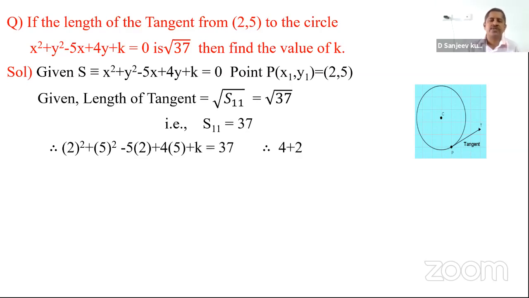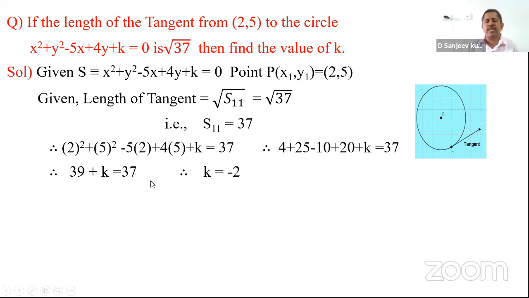When you simplify, 4 + 25 − 10 + 20 + k = 37, so 39 + k = 37, and k = 37 − 39, which is equal to −2. I hope that you understood. This is one of the examination questions which can be asked for 2 marks.